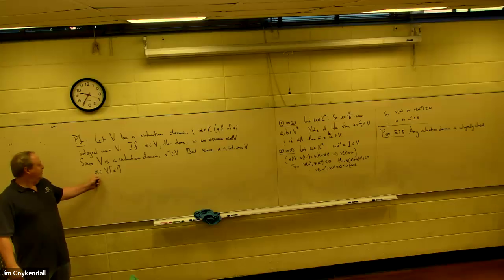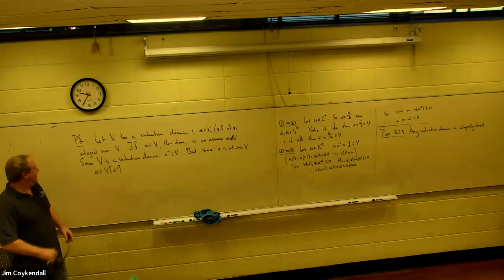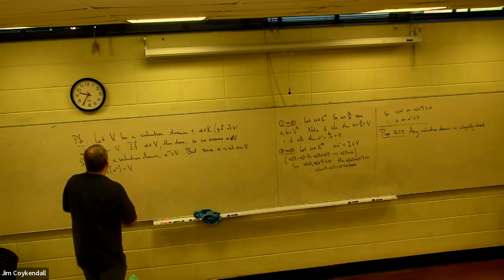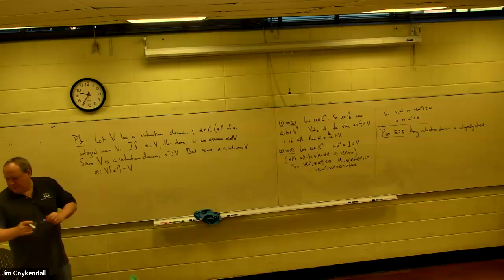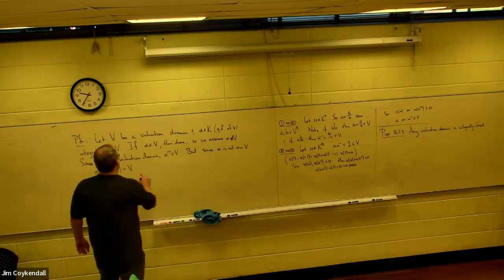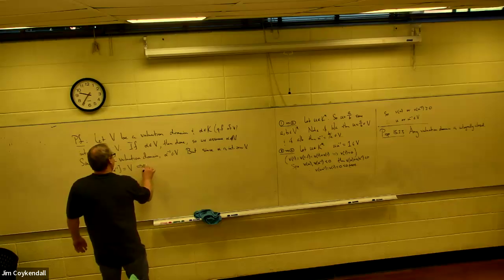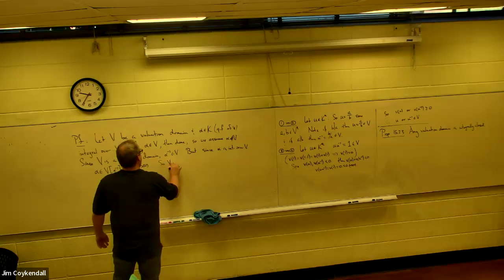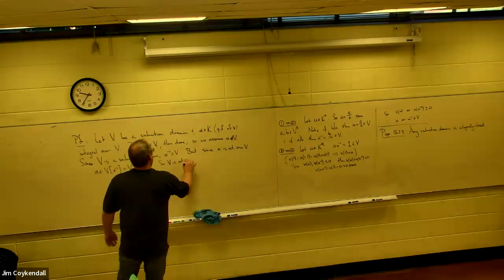Instead of saying u inverse is in V[u], I say u is in V[u inverse]. It's symmetric. And this is equal to V, because alpha inverse is already in V. And this is the desired contradiction. So V is integrally closed.